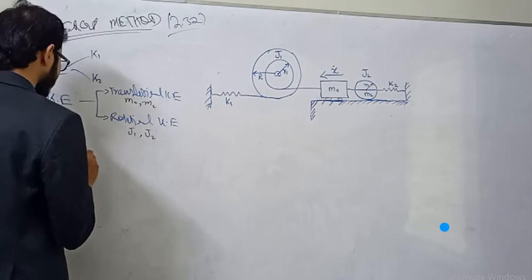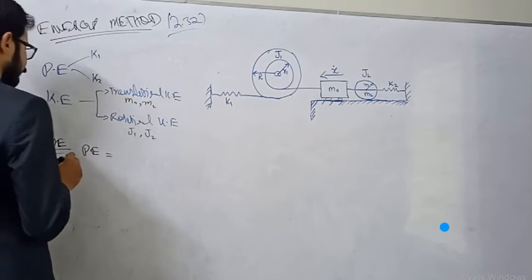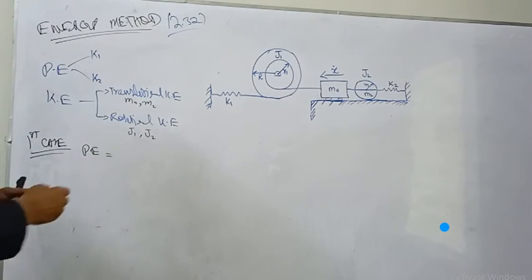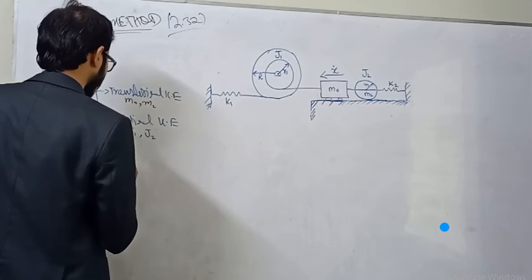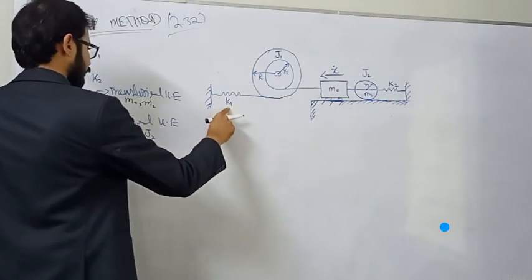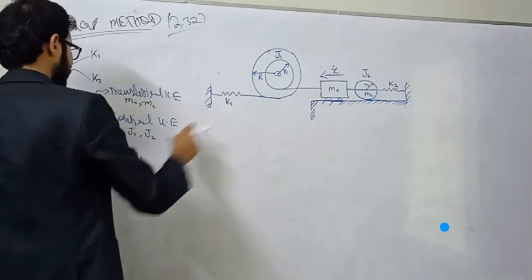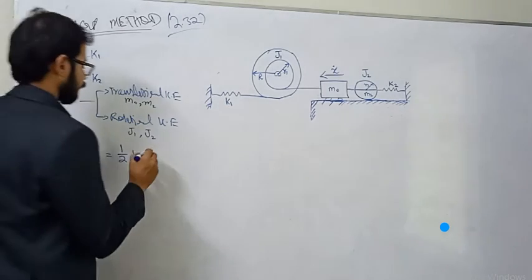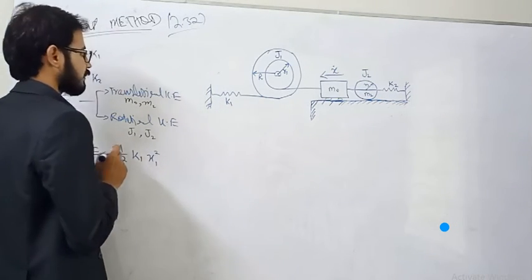So the potential energy of this body will be equal to, we know this is a spring element, this is also a spring element, so we can write half K1. Why K1? First of all, I am writing it for the spring element because it has a spring stiffness K1. Potential energy is equal to half K1 into x1 square.